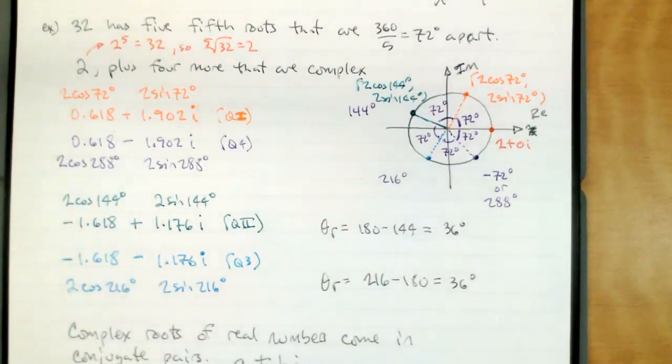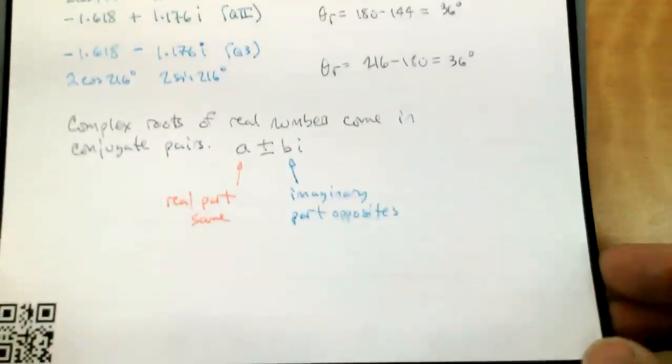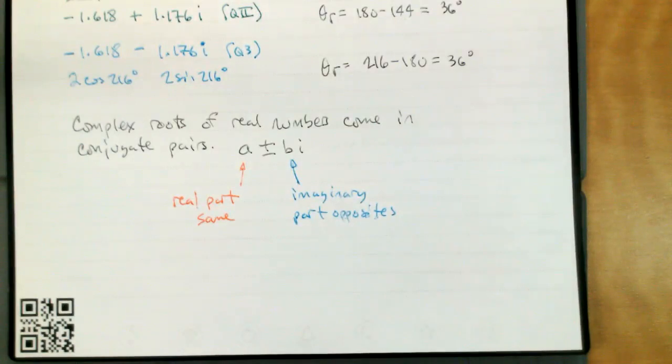What we did was use trigonometry to solve this algebra problem. We could think of this problem where 32 has fifth roots.